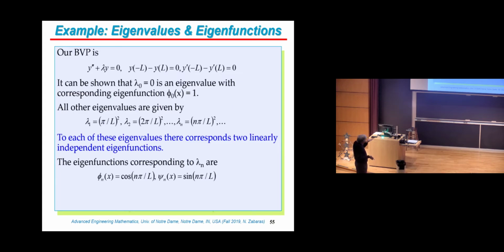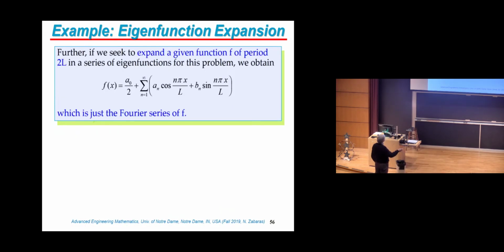And what that means for this particular problem is you will get your standard Fourier expansion that looks like this, exactly as we did with Fourier expansions. Before, we expanded the general function in terms of sines and cosines.